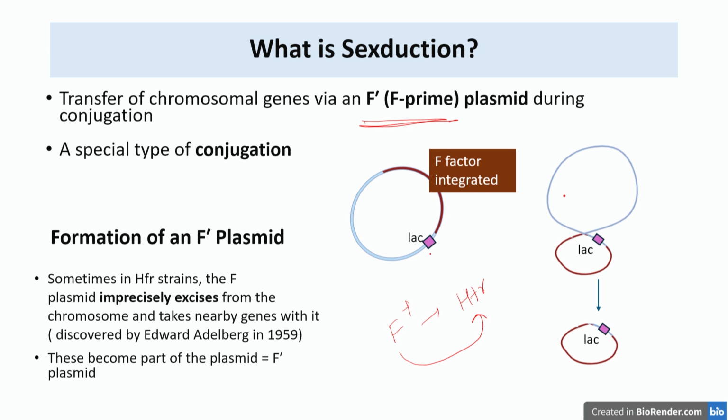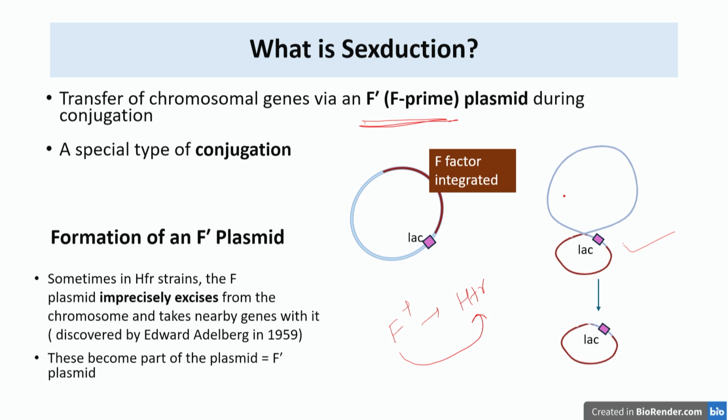And what happens here? Sometimes this integrated F factor also tries to come out from the bacterial genome. So if it is a precise excision, fine, you will have again the bacterial genome and you have the F factor separate.